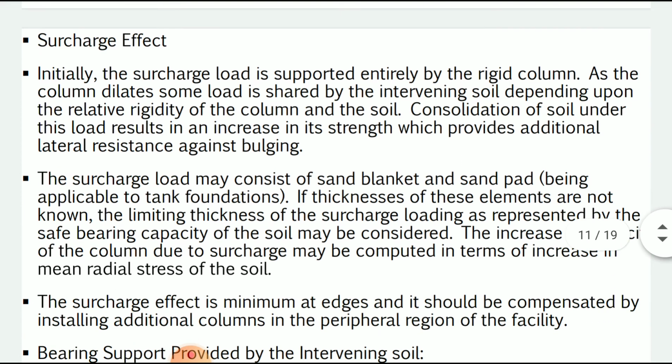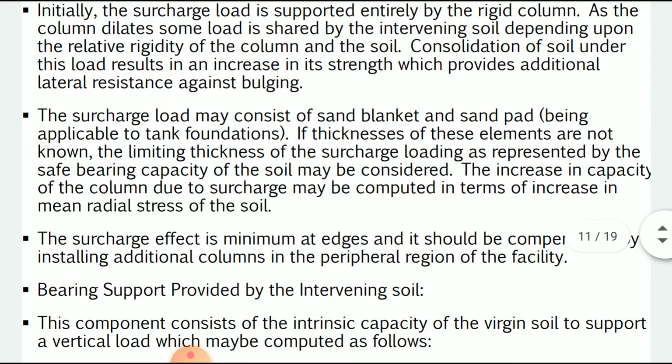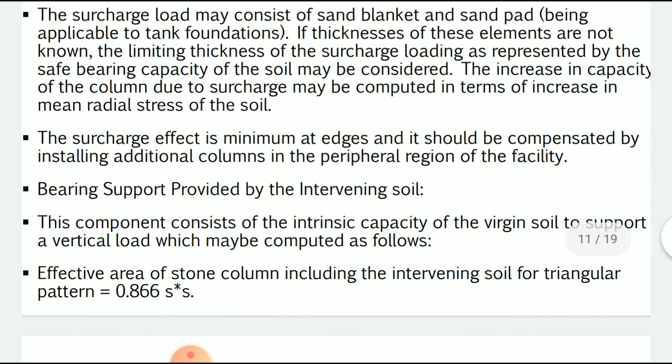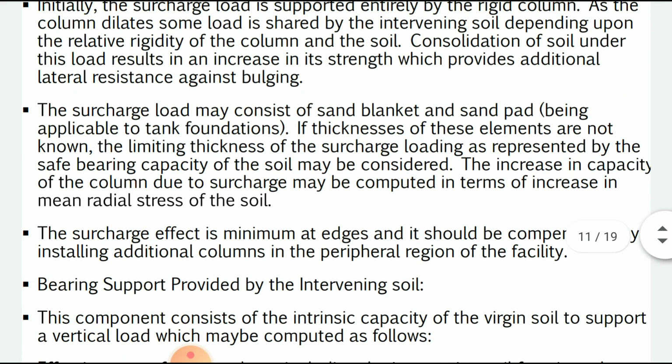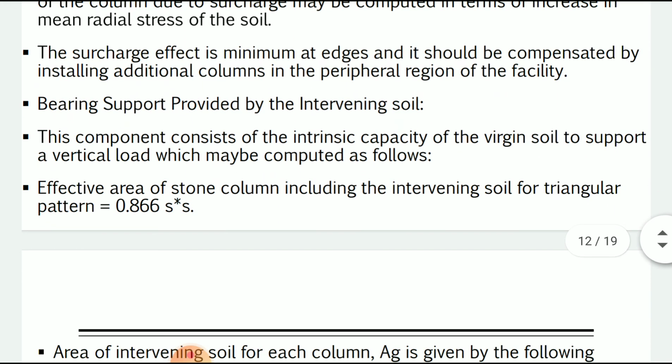If the thickness of these elements is not known, the limiting thickness of the surcharge loading, as represented by the safe bearing capacity of the soil, may be considered. The increase in the capacity of the column due to surcharge may be computed in terms of increase in mean radial stress of the soil. It is applicable for tank foundations only.